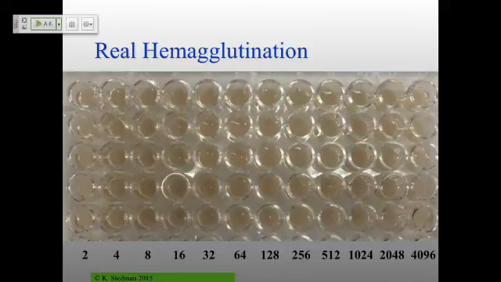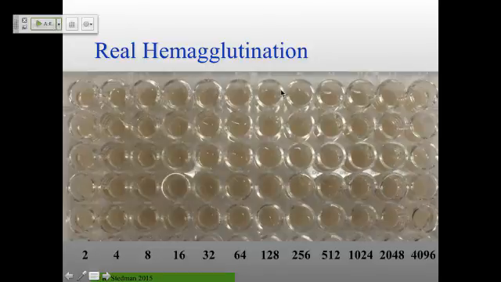So here's an example of a hemagglutination assay, which I did a couple of weeks ago in the lab, looking at influenza virus and influenza virus with red blood cells. This is how it started. These are just mixed red blood cells with various different amounts of the virus.